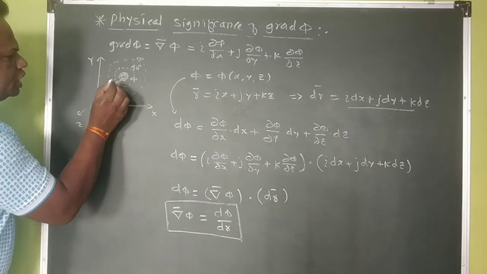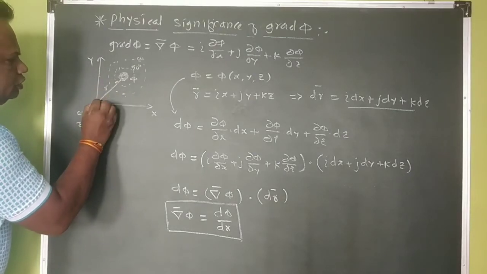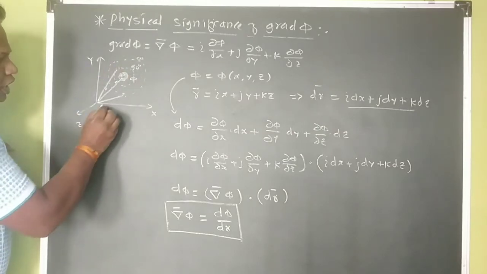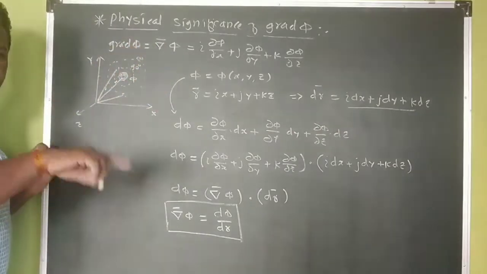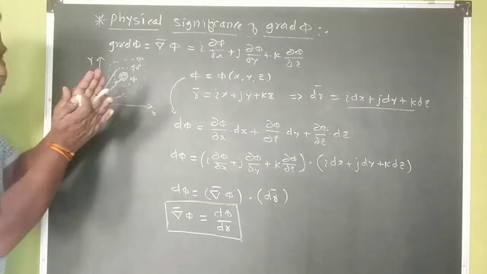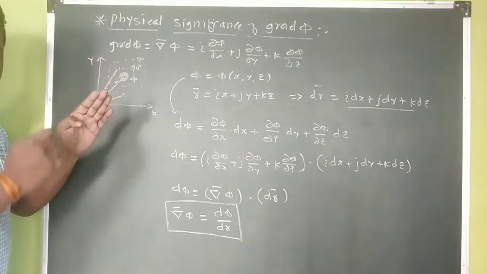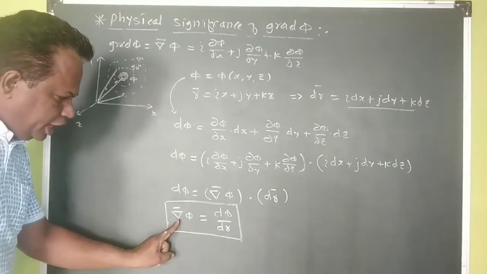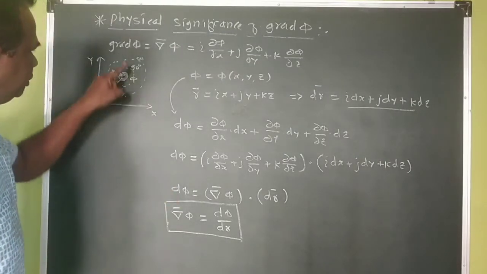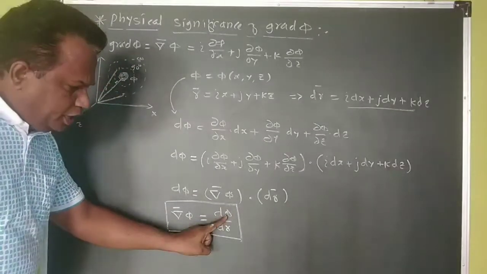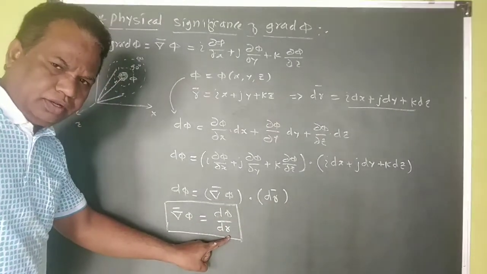If you consider this circle, at this point r is different, at this point r is different, and at another point also. That means variation of r produces different values, that is, the temperature zones. So del φ, the gradient of φ, tells us the variation of φ with respect to r.